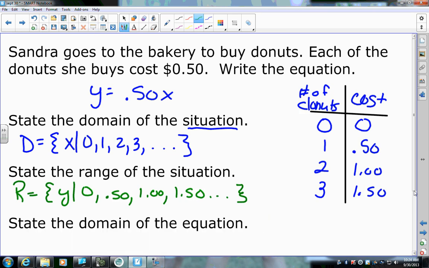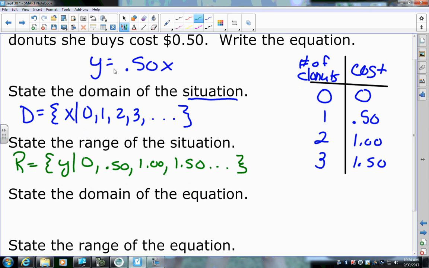Now, if it asked you, because we wrote an equation, y equals 0.50x, state the domain of the equation. If it is an equation, if I put y equals 0.50x in the calculator, will it give me only certain numbers, or will it give me a line? It'll give me a line.